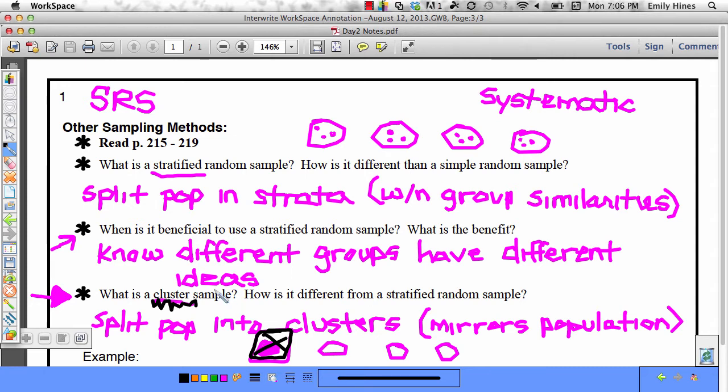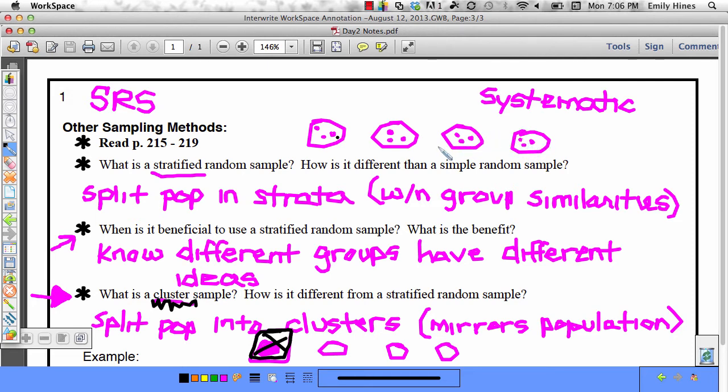Then let's say I go to Ruby Tuesdays, where they have the salad bar. If I need to sample their ingredients, I'm going to get a few things off of each piece of the salad bar. That is a stratified random sample. So I take a couple tomatoes, I take a couple pieces of lettuce, I take a couple of croutons, a couple of cucumbers.